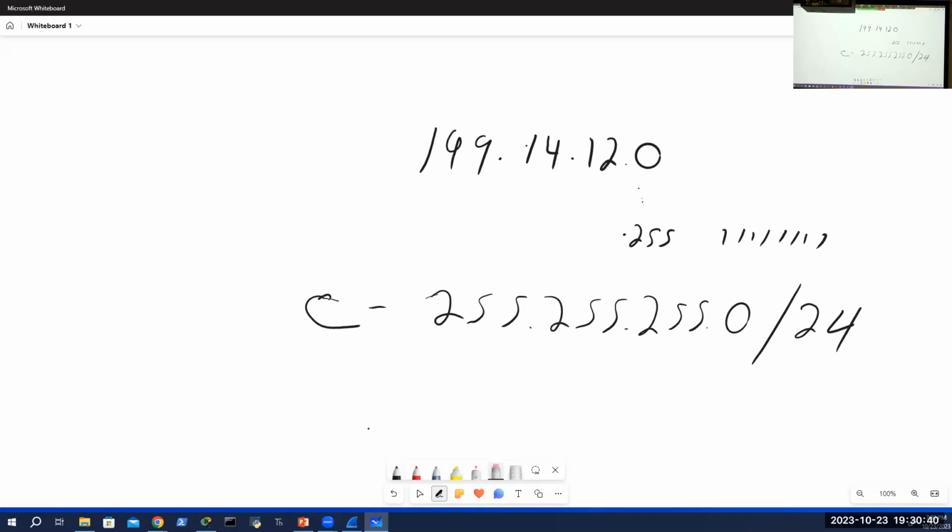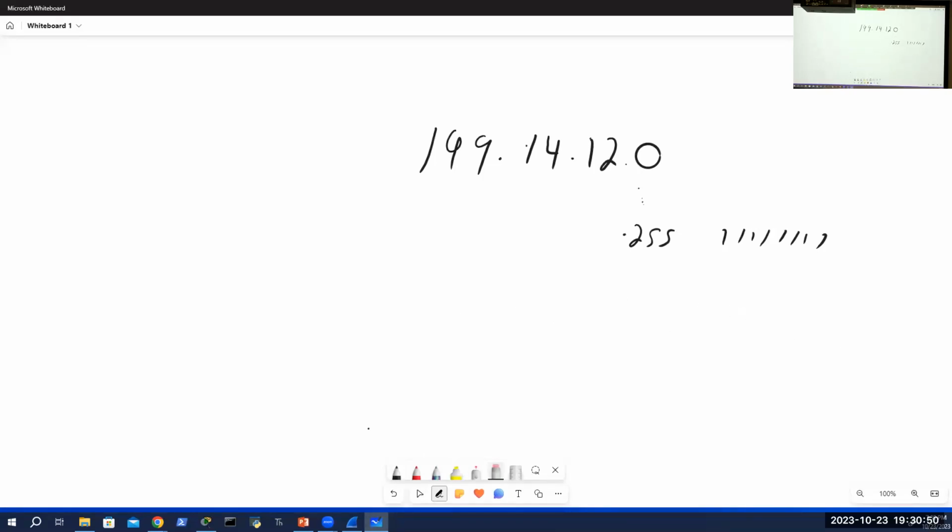So if I completely change this up and said this is /16, which means the subnet mask looks like this.